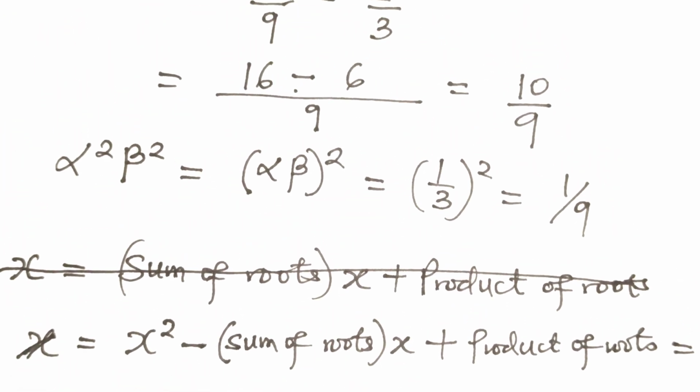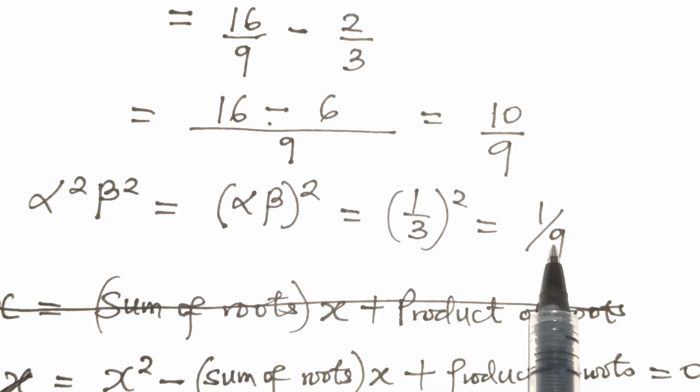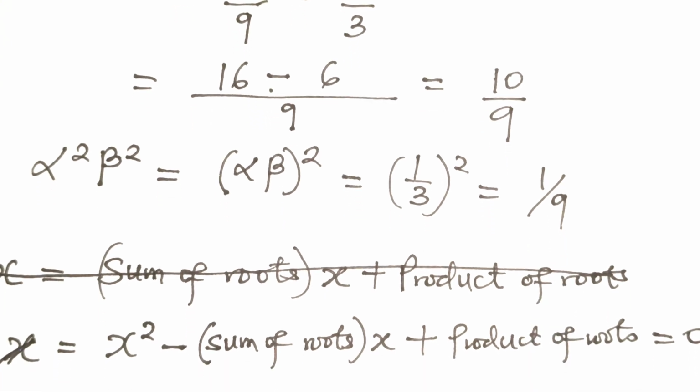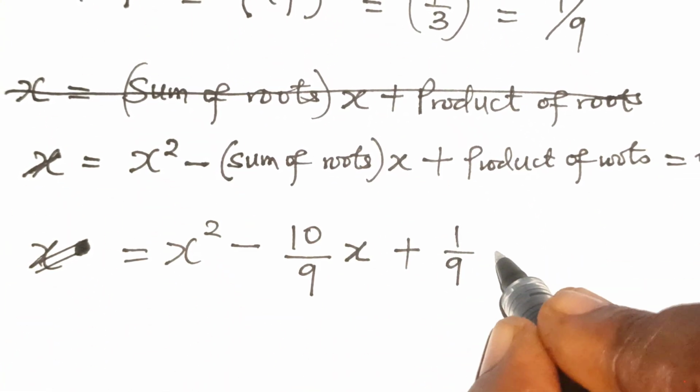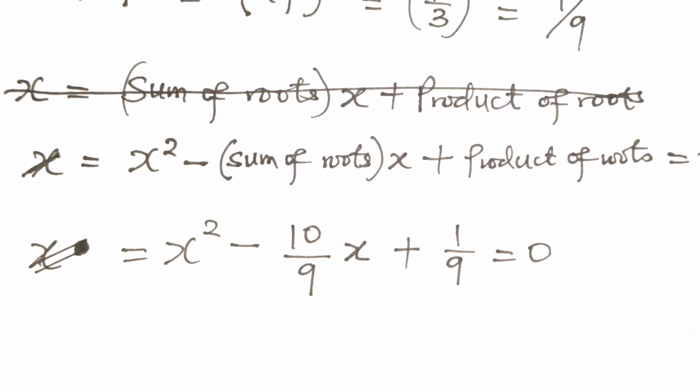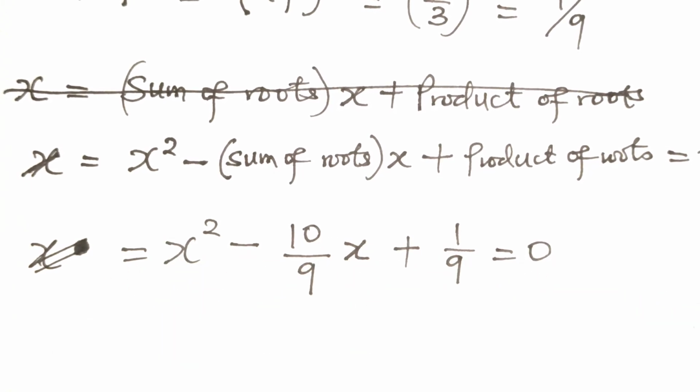The product of roots is 1 over 9. So I have plus 1 over 9 equal to 0. So that's the quadratic equation whose roots are alpha squared and beta squared.